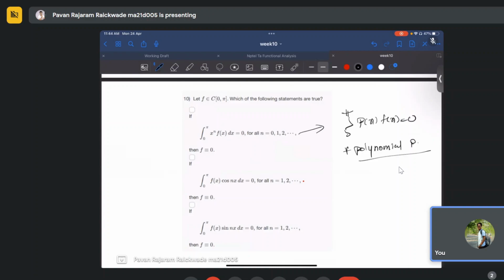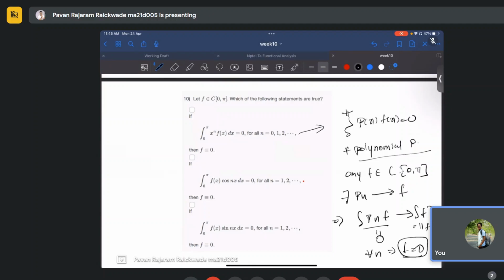If you take any f belonging to C[0, pi], there exists a sequence of polynomials which converges to f. That means the integral of p_n f converges to the integral of f squared, which is the 2-norm of f. But this is 0 for all n, so f is 0. So this one follows.